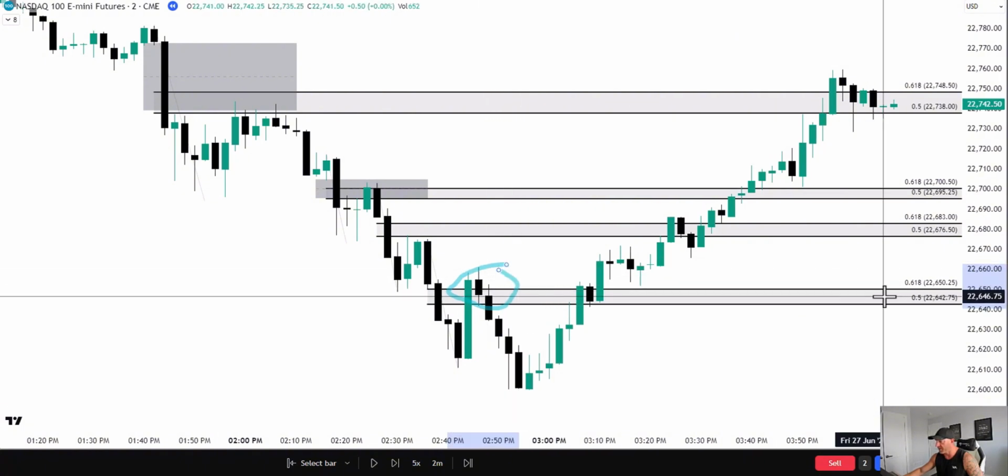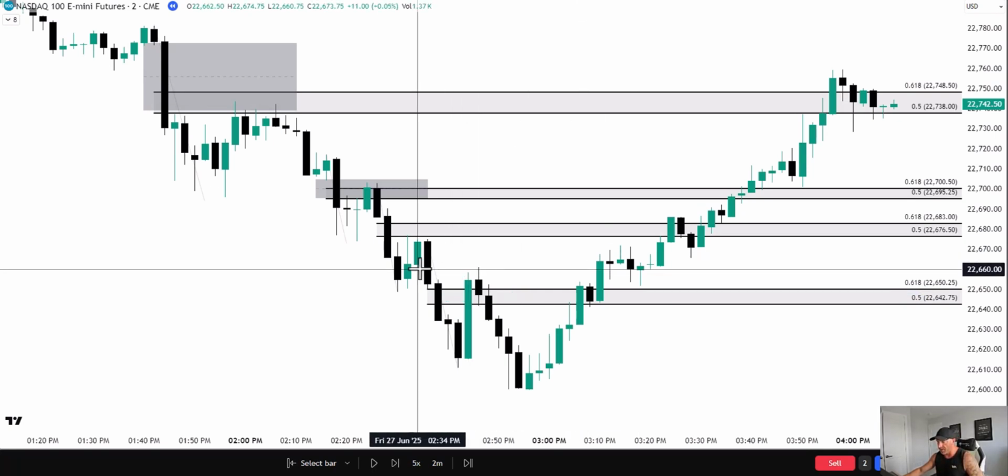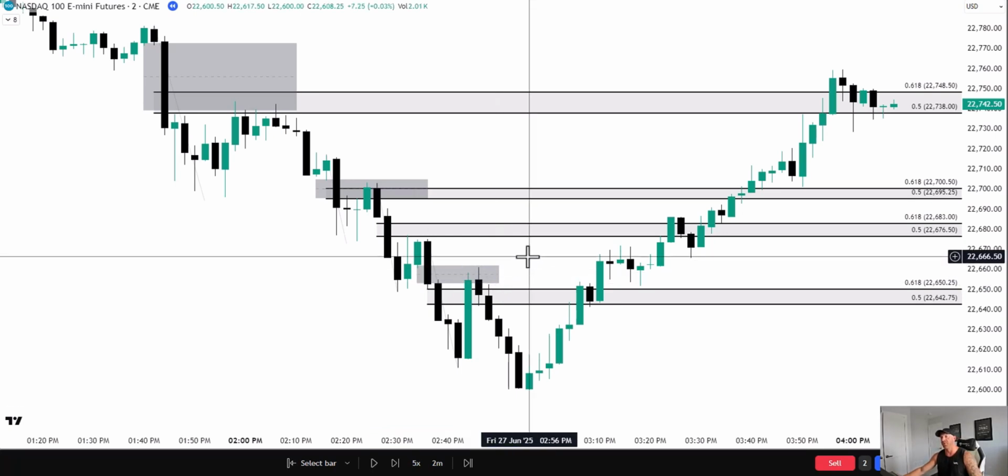We tap deep into that 50% and 60% range. Okay, so there's 1, 2, 3, 4 discount range or optimal trade entries on that solid push down. And almost every one of them has a fair value gap in them. So that's what we want to see. I really advise you that if you are going to trade discount ranges, make sure you pair them with at least a fair value gap just to have extra context.